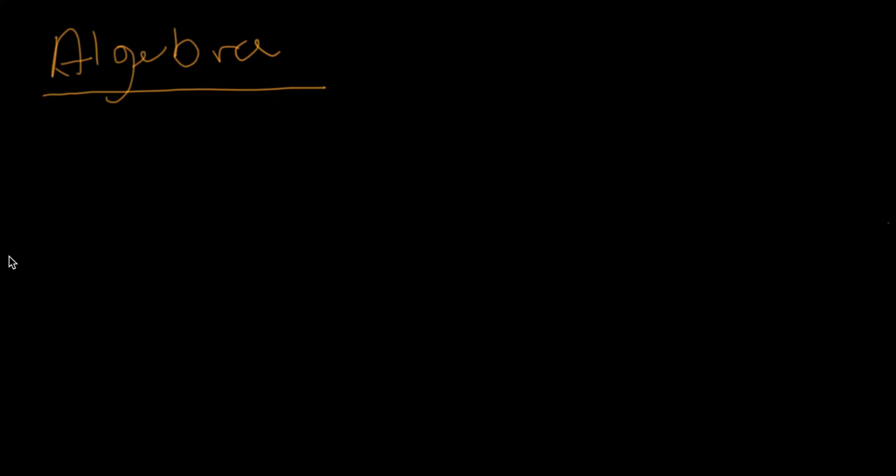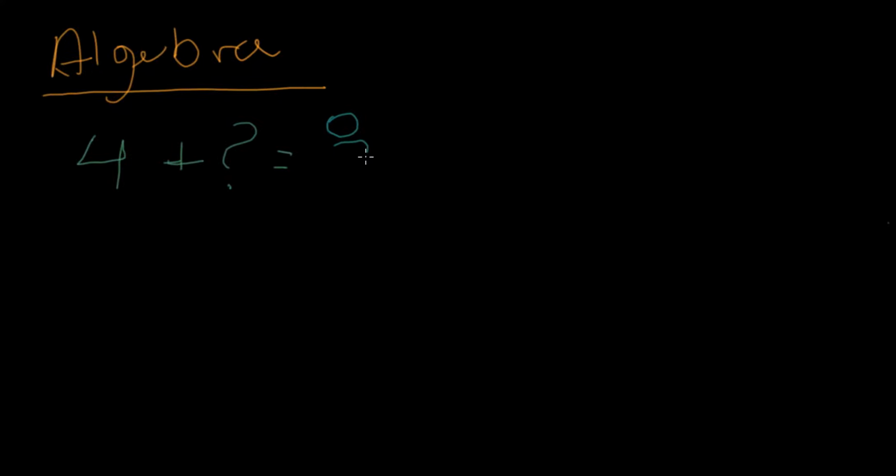Let us start with an easy example. Let's say we have 4 plus a number. For now, I'm going to use a question mark. So 4 plus a number is equal to 8, right?